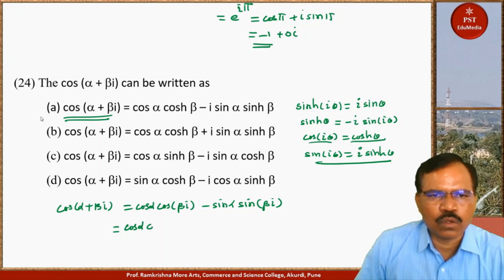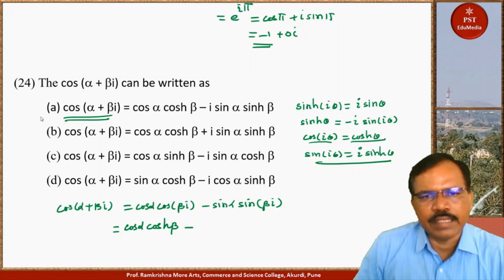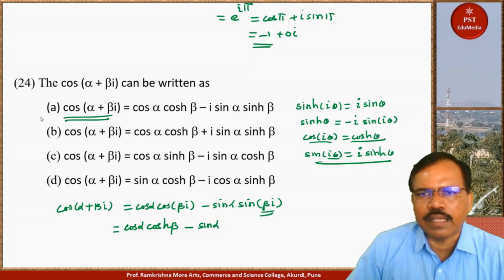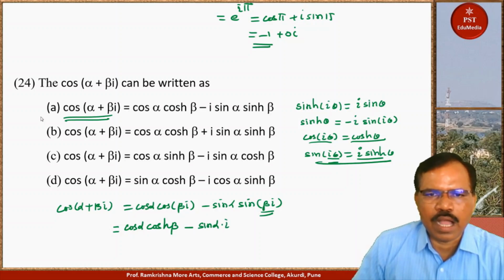We know cos i theta is cos hyperbolic theta, so I can write cos hyperbolic beta, and minus sin alpha. Now sin beta i, so sin i theta is i sin hyperbolic theta, so into i sin hyperbolic beta.